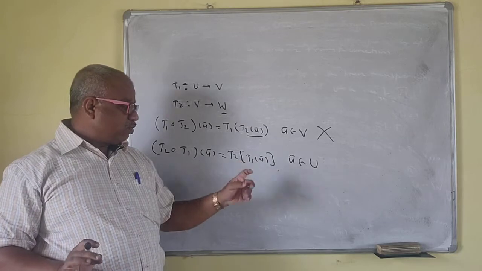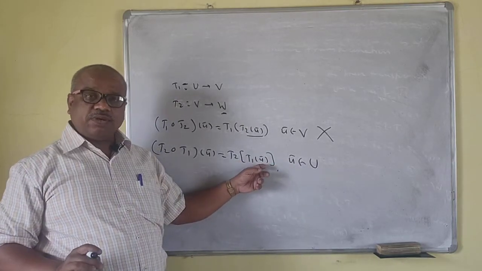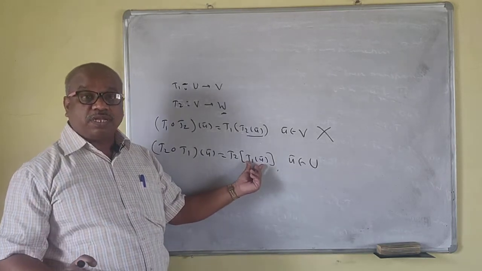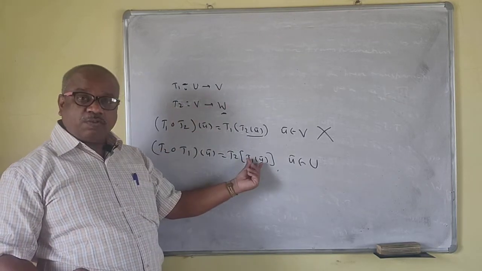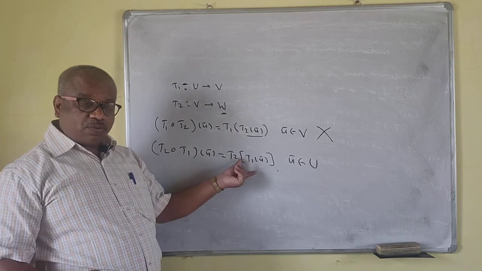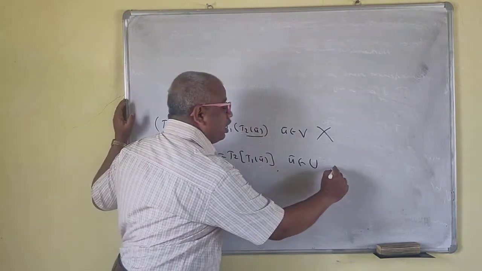U bar is an element of U, therefore you can apply T1 of U bar. But T1 of U bar is an element of the codomain of T1. What is the codomain of T1? It is V. So T1 of U bar is an element of V. Can you apply T2 on an element of V? What is the domain of T2? It is V, so you can apply. So that is why this exists.